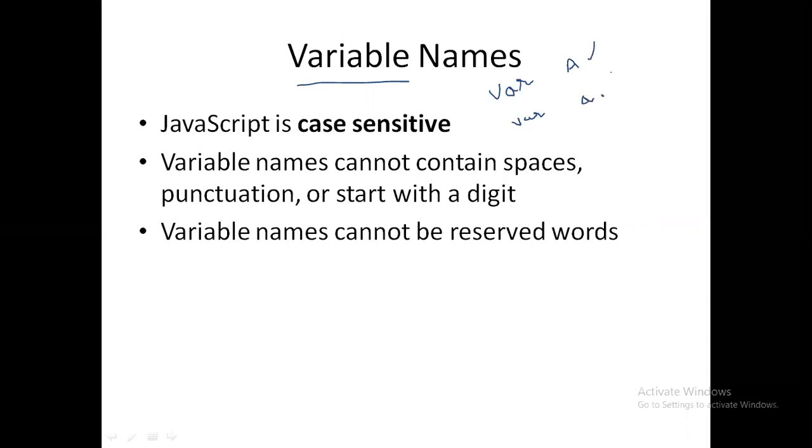They are not the same. JavaScript is case sensitive. That means if I say a is equal to 10 and A is also 10, then both are different. It's not the same.